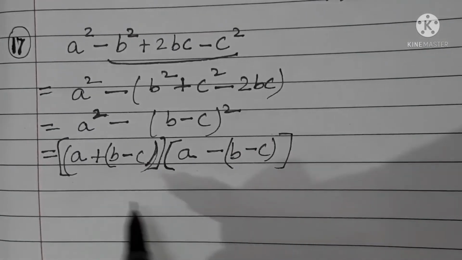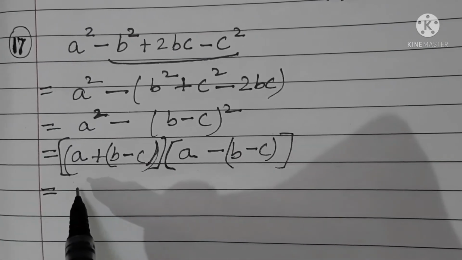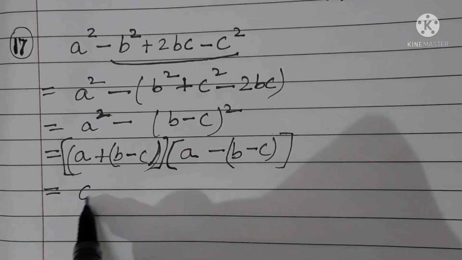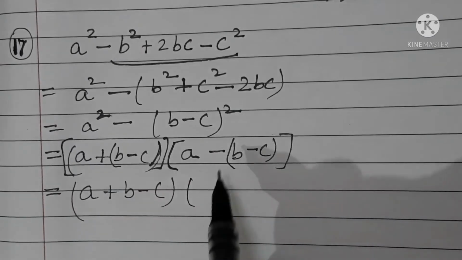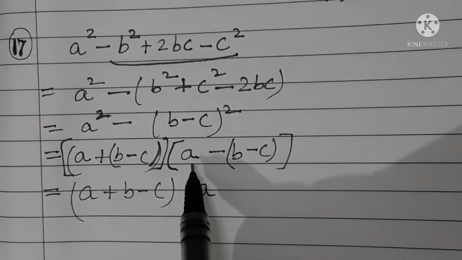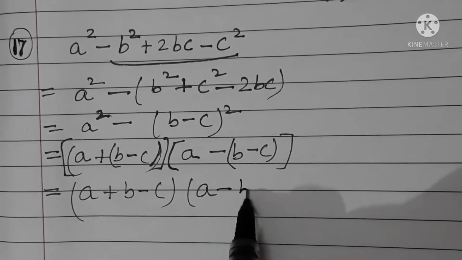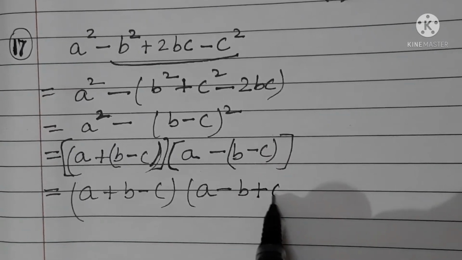In the next step we open the bracket, so this becomes a + b − c, and in the other bracket a − b + c, since minus times minus is plus.